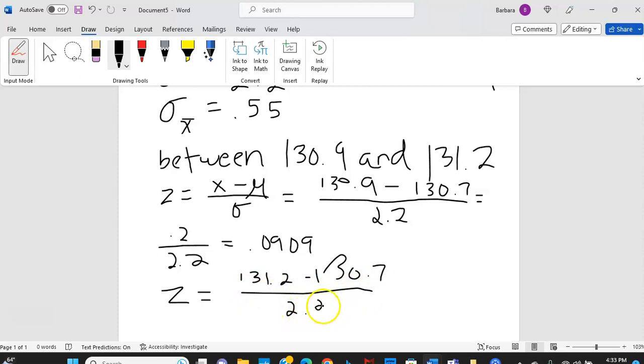And on top, I believe that's going to give me 0.5 divided by 2.2. All right, so let's see what that is. 0.5 divided by 2.2 is 0.2273.